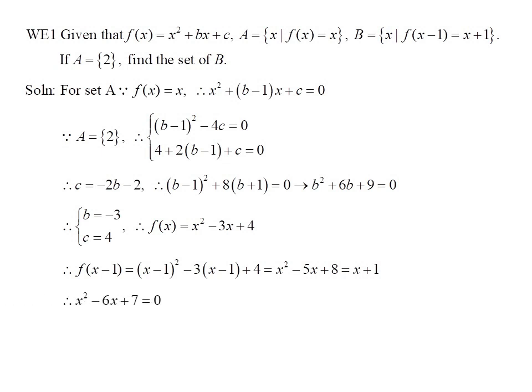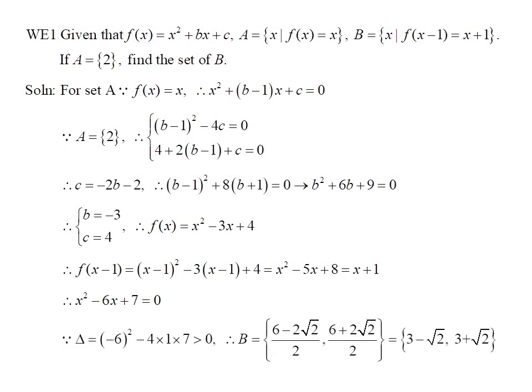After simplifying the equation, we have x squared minus 6x plus 7 equals 0. Since the discriminant of the quadratic equation is greater than 0, we may apply the quadratic formula method to obtain the roots of this equation.